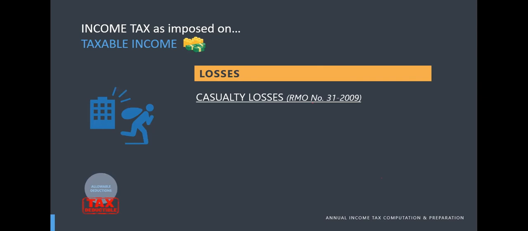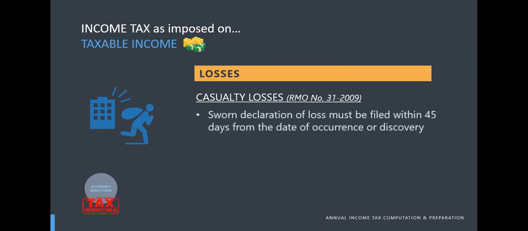Next, casualty losses based on RMO number 31-2009. When we say casualty losses, it could be from destruction of properties due to storm, typhoon, flood, etc., robbery, theft.